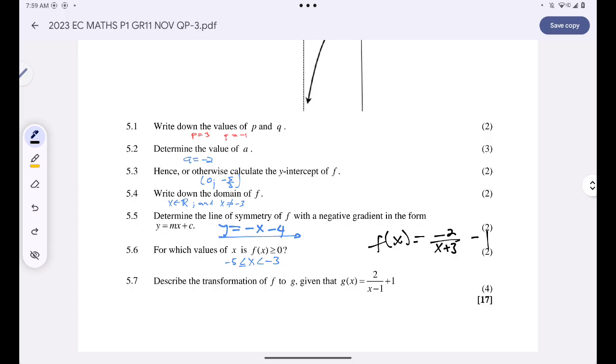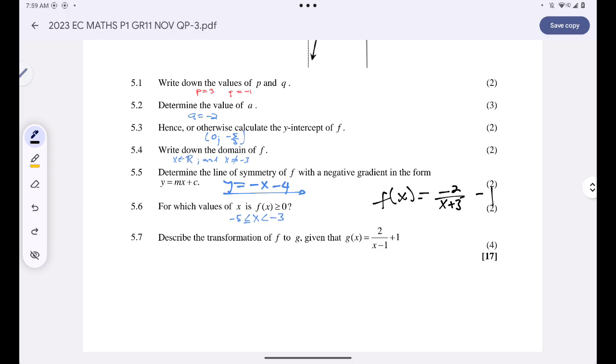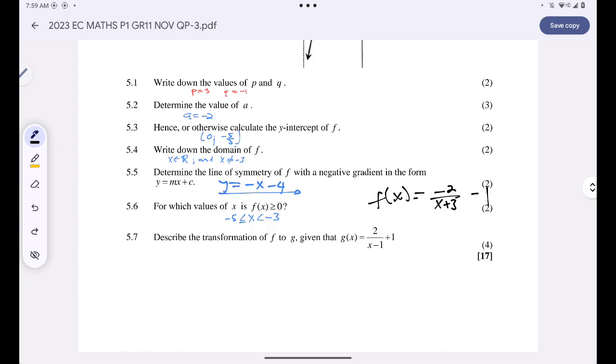So the first thing that happened was to reflect the graph on the y-axis. Whenever you reflect the graph on the y-axis, the thing that will happen is that x will change.